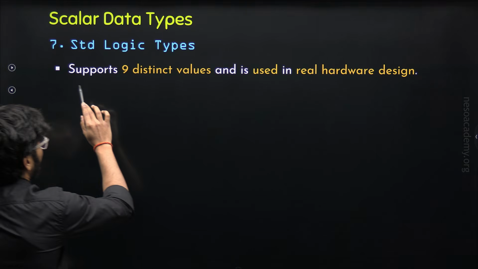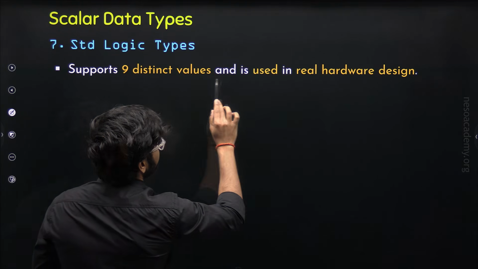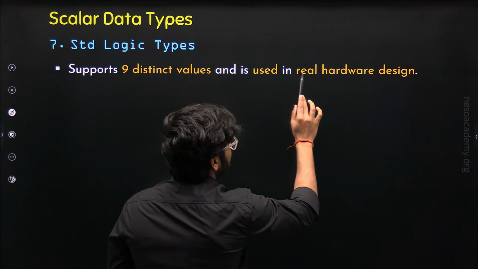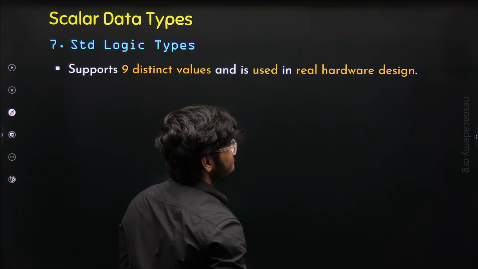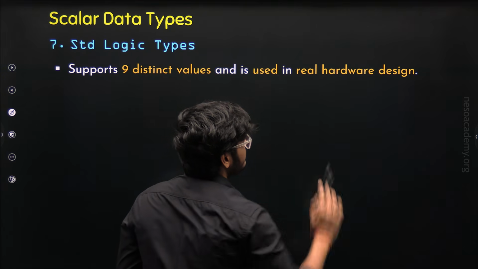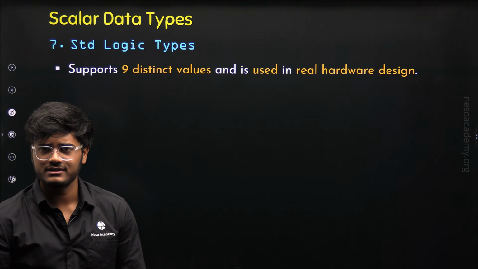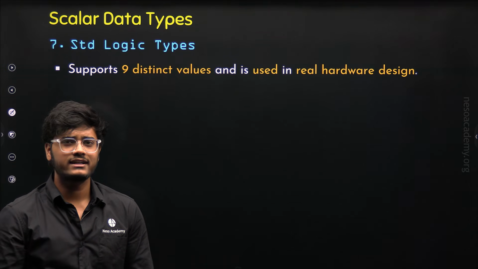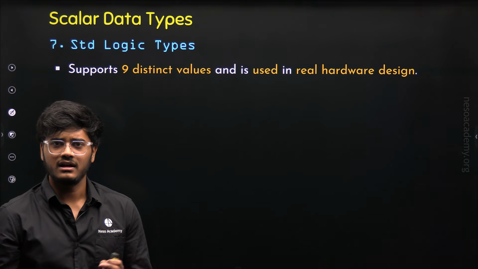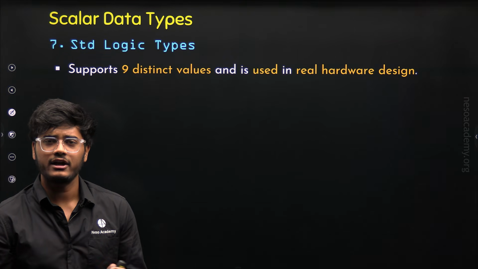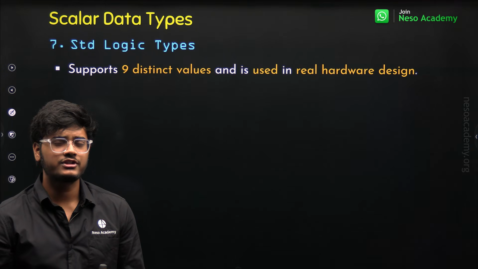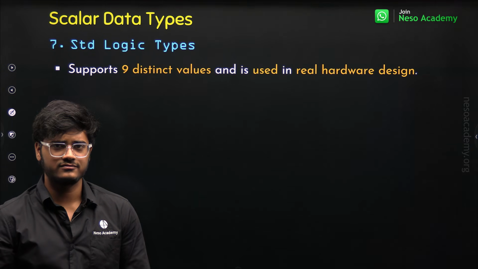Standard logic type supports 9 distinct values and is used in real hardware design. Means, in real hardware design, do signals always have only zeros and ones? No. Signals can be anything, an unknown value or an open circuit. So zeros and ones are not enough.